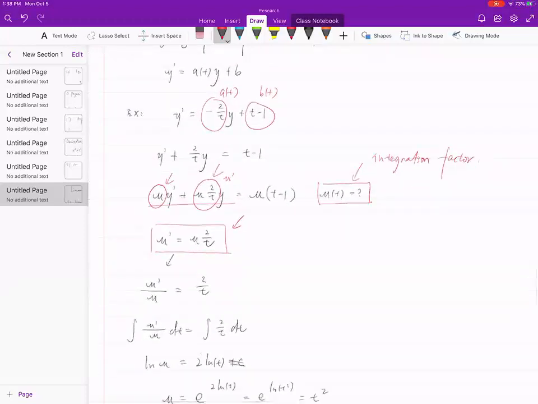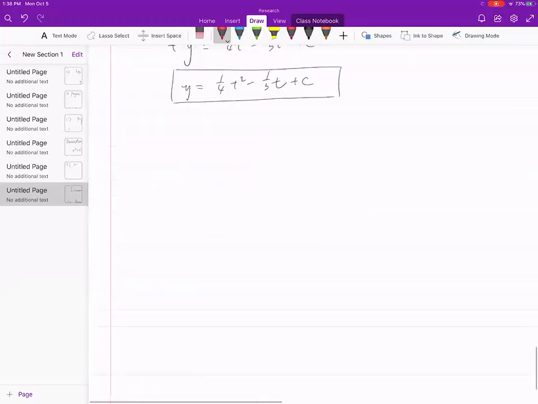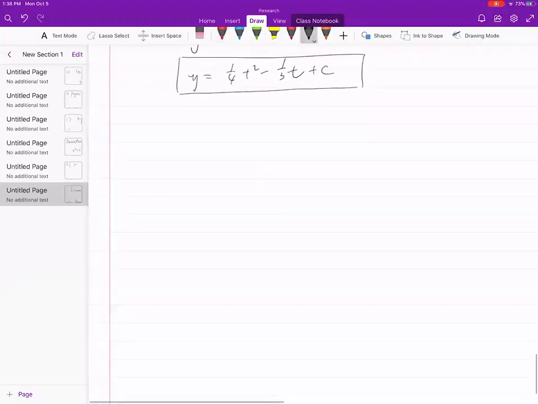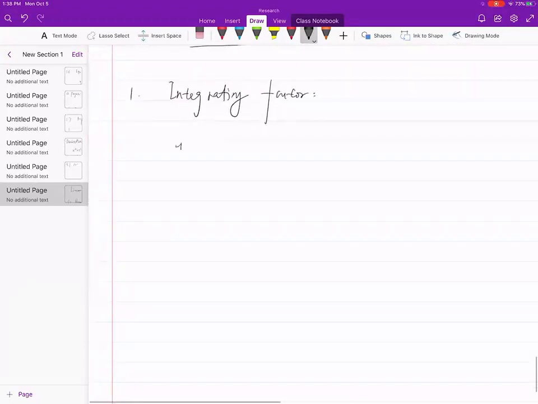I think you can follow all of the details, but now let's write it down in a general notation for the general case. Integrating factor. Let's summarize our idea. Did an example. Number one, we start with this.